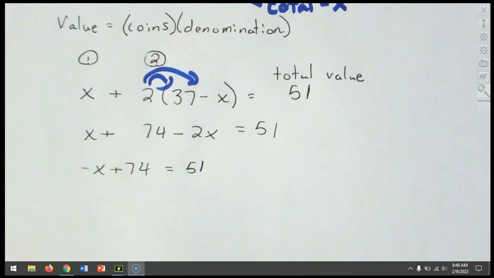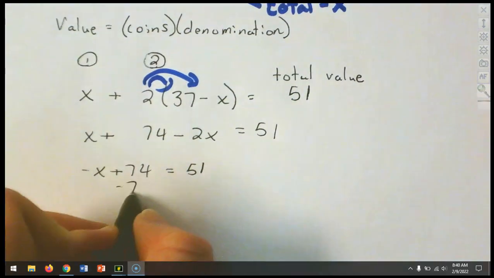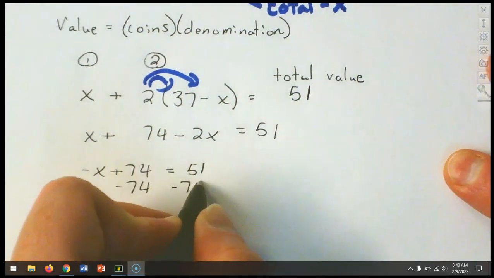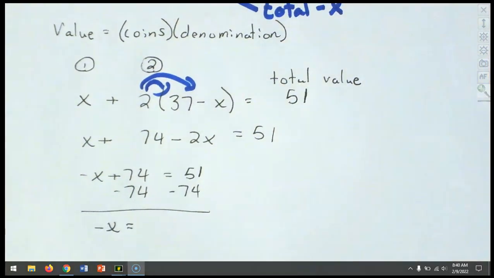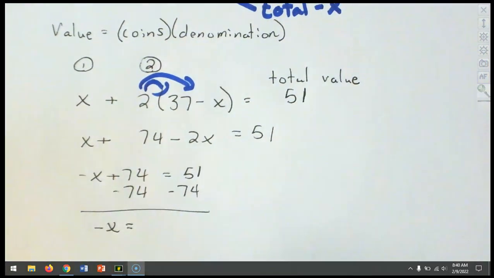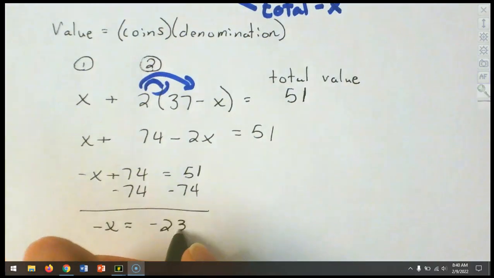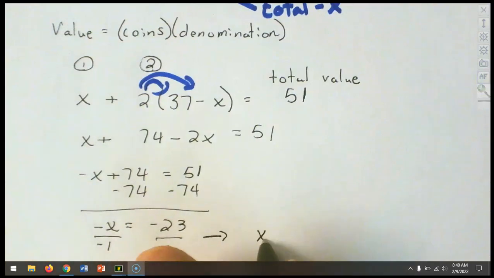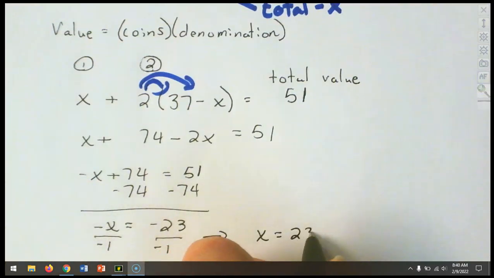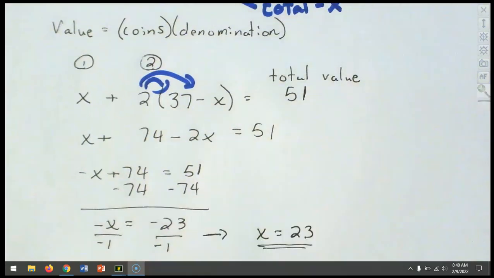So there's our equation, and we just simply combine like terms there. Now we'll move that 74 over. Now we've got minus x equals minus 23. We'll divide by a negative 1. And that now leaves us with x equaling what? X equals now 23.